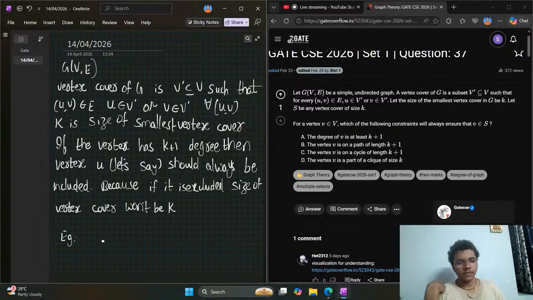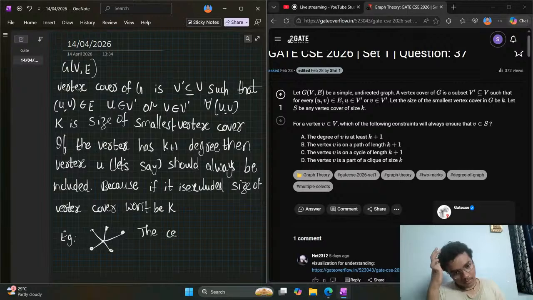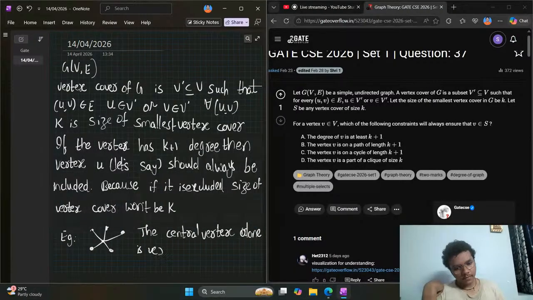Example, the central vertex alone is the vertex cover for the graph.